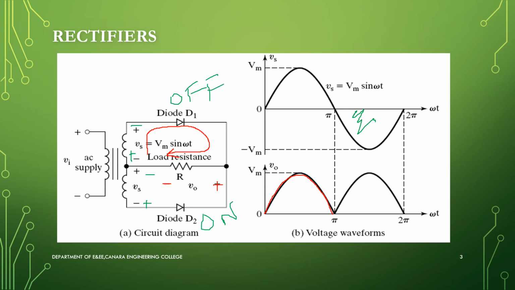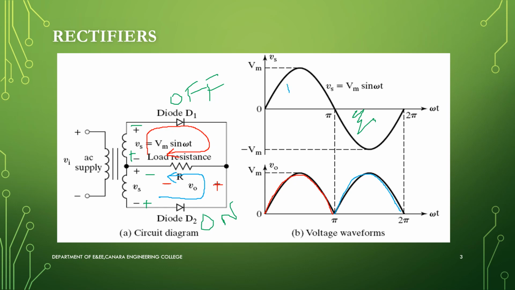So the current flows in this direction. So across the resistor, during both positive half as well as negative half, the current flows in the same direction. That means the voltage across the resistor is positive both during positive half cycle as well as negative half cycle.